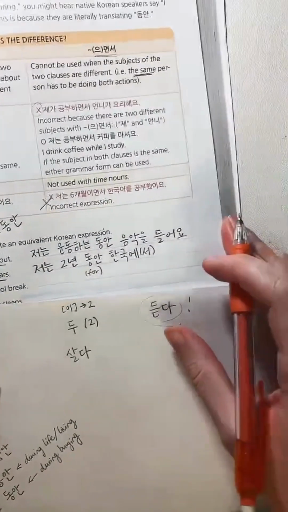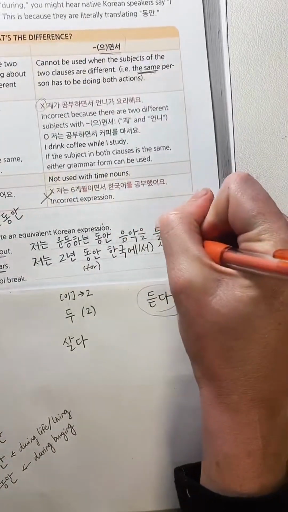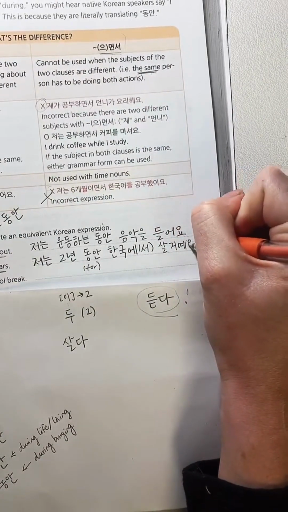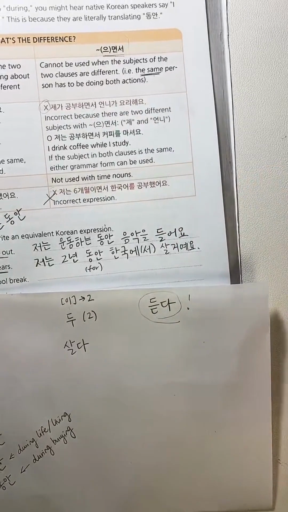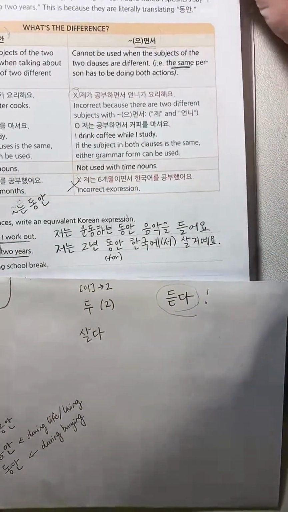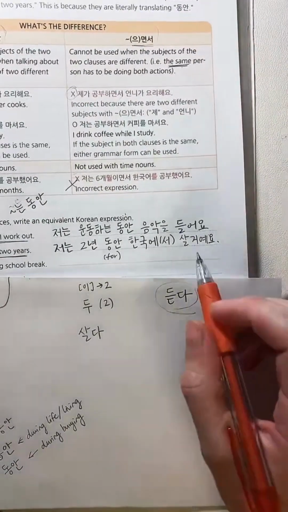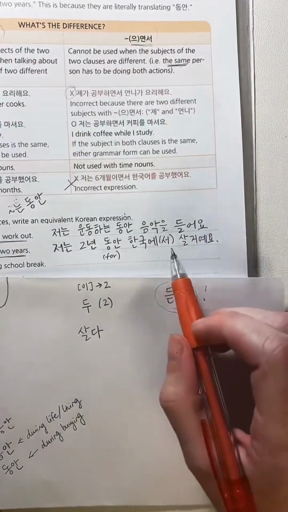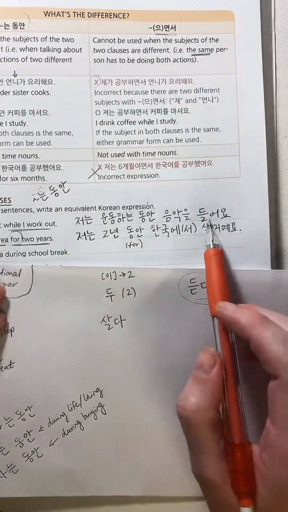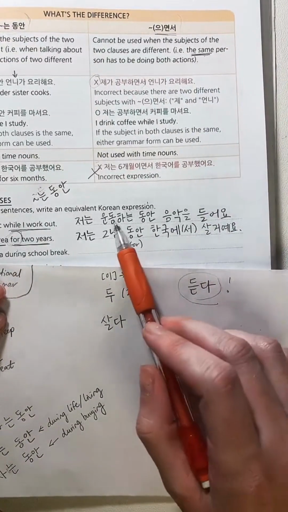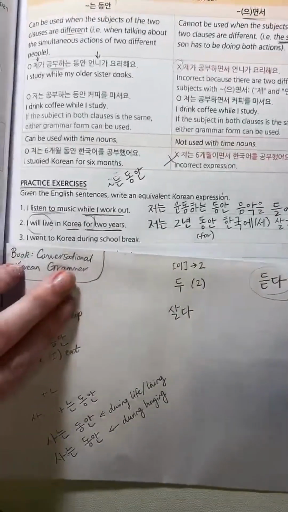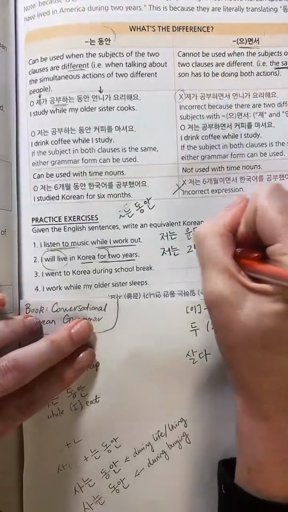And when it becomes the future tense, it becomes 살 거예요. 살 거예요. Don't drop your Korean classes. Keep going. 살 거예요. 한국에서 살 거예요. That means I will live in the future for 2 years in Korea. I will live in Korea for 2 years.